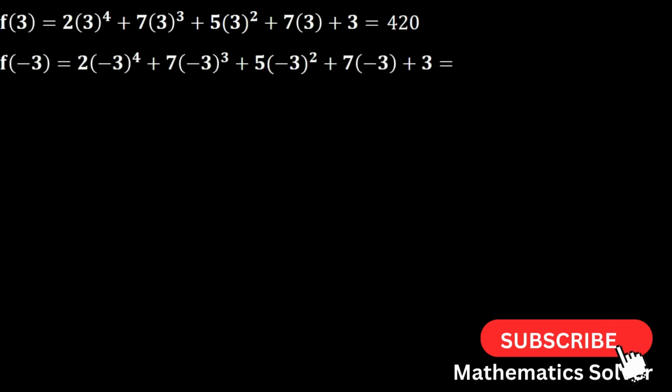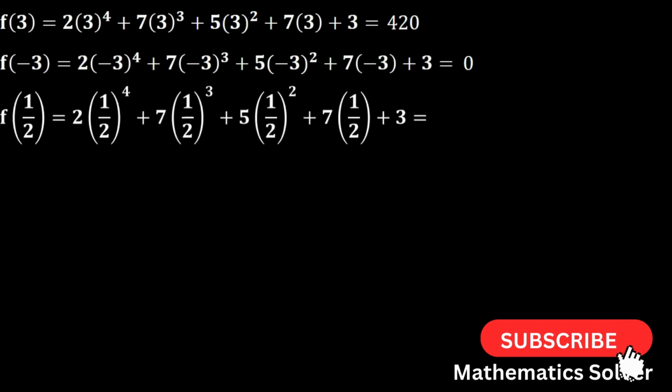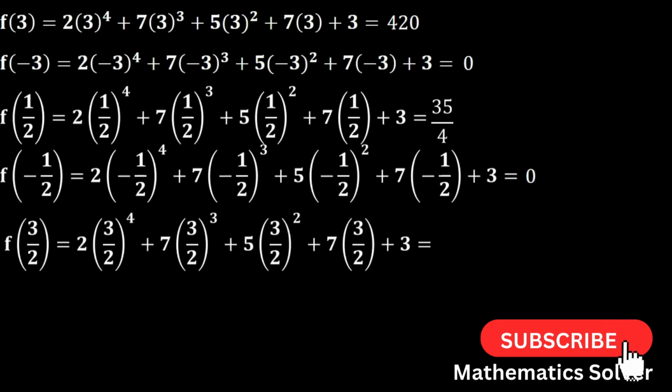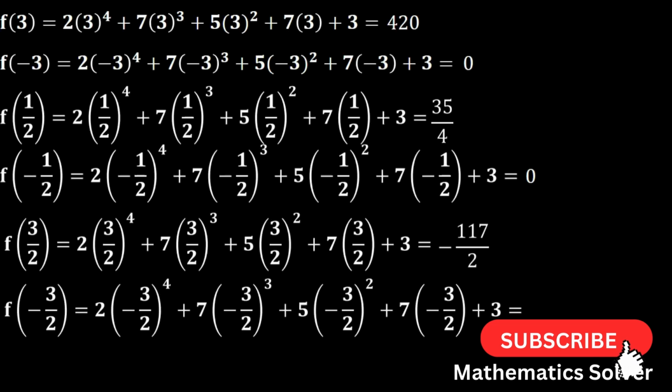Negative 3 gives 0. Then 1 over 2 gives 35 over 4. Negative 1 over 2 gives 0. 3 over 2 gives negative 117 over 2. Lastly, negative 3 over 2 gives negative 39 over 4.